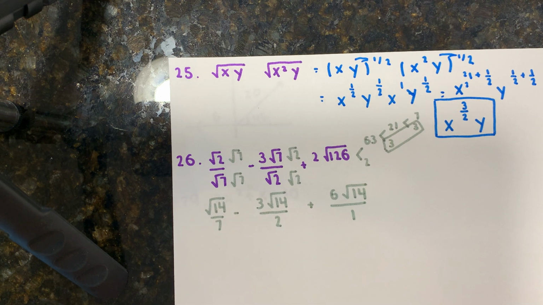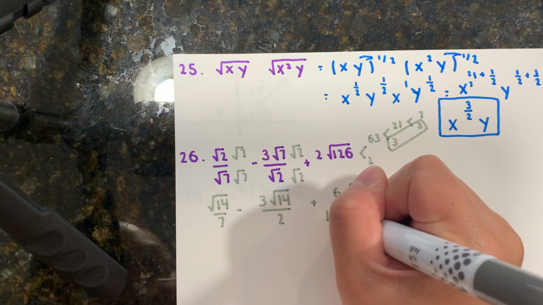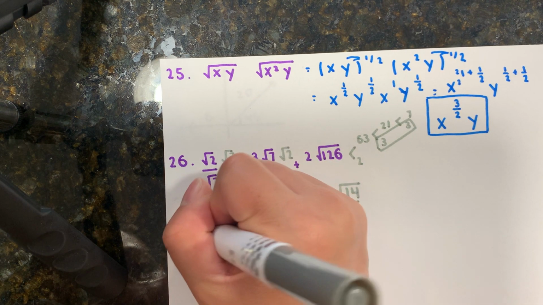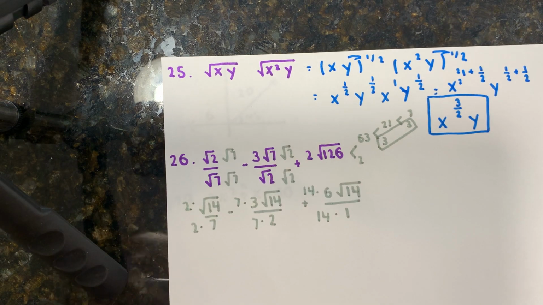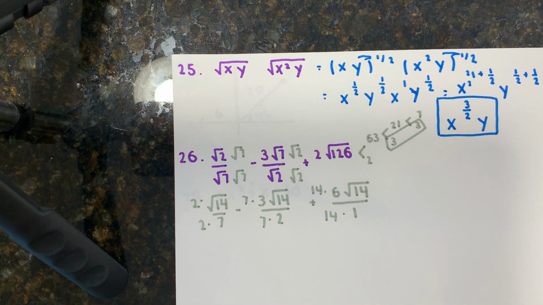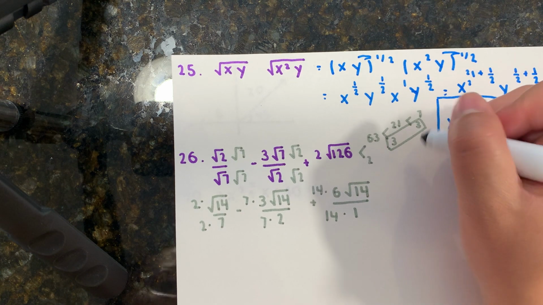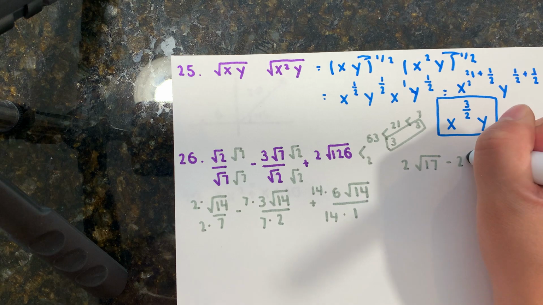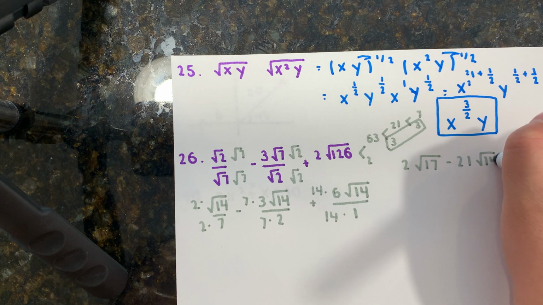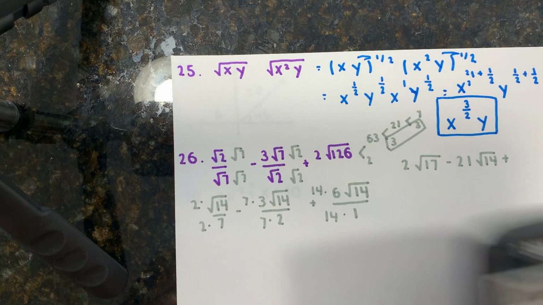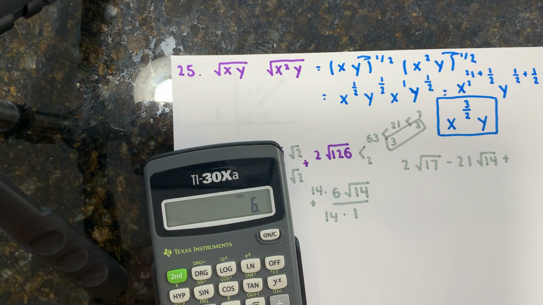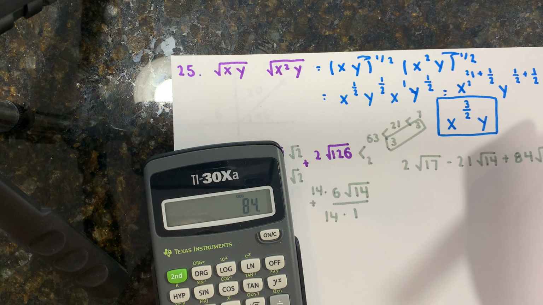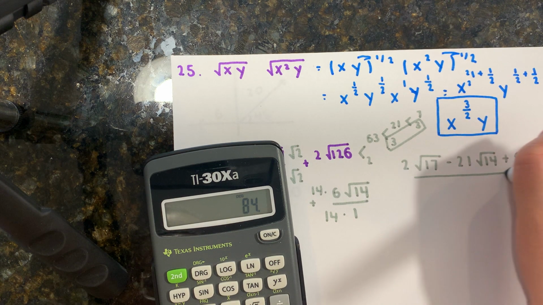Common denominator is going to be 14, so I'm going to multiply these by 14, this by 7, and this by 2. And that would give me 2 root 14 minus 21 root 14 plus 6 times 14 is 84 root 14 all over 14.